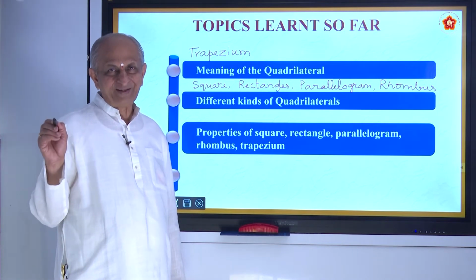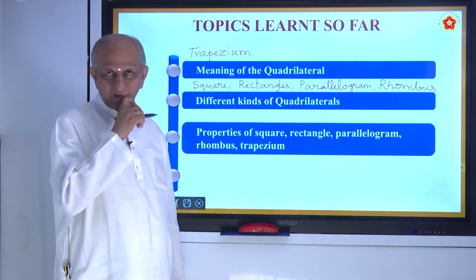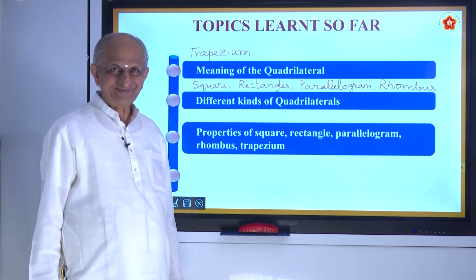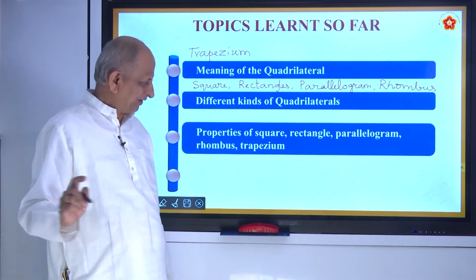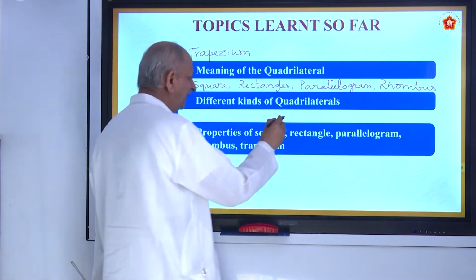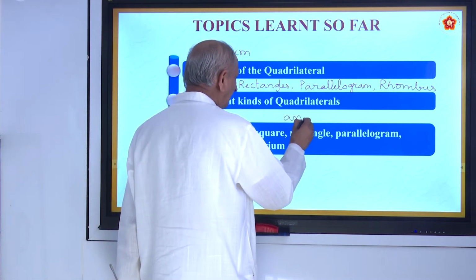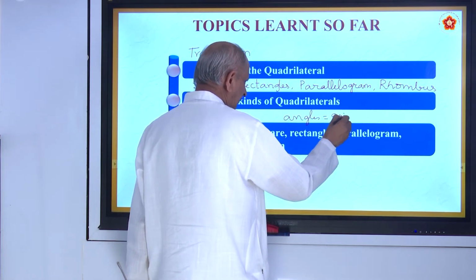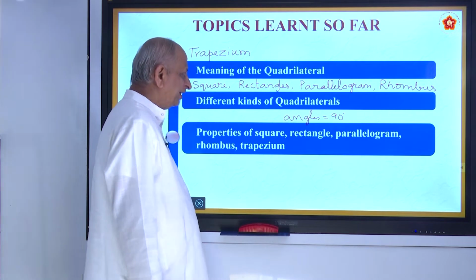All rectangles are parallelograms, but all parallelograms are not rectangles. Why? Because in a rectangle all the angles are equal to 90 degrees, whereas in a parallelogram the angles are not 90 degrees.